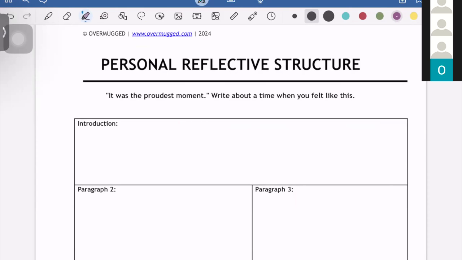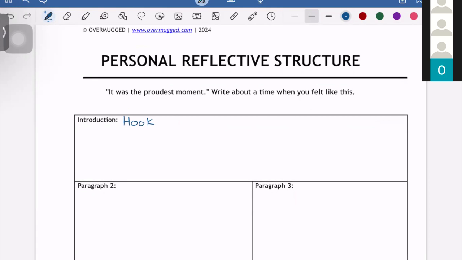What should you write in your introduction? This is called your hook. Question, it was the proudest moment, write about a time when you felt like this.